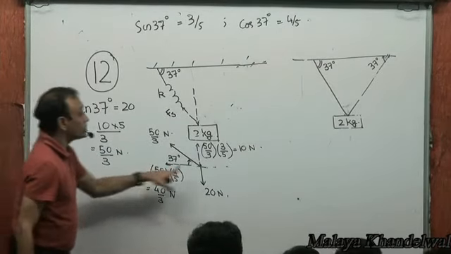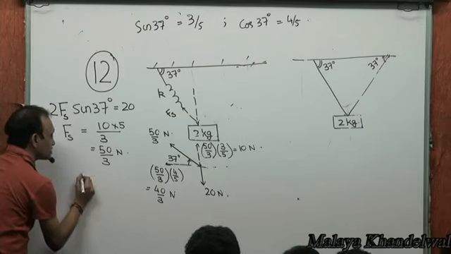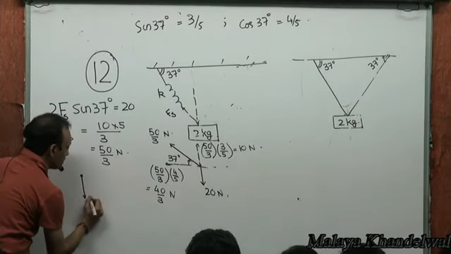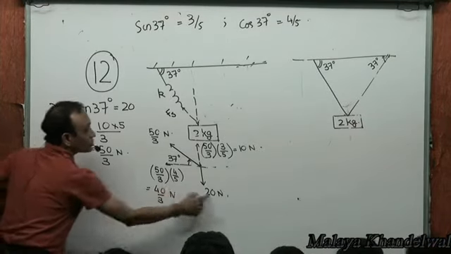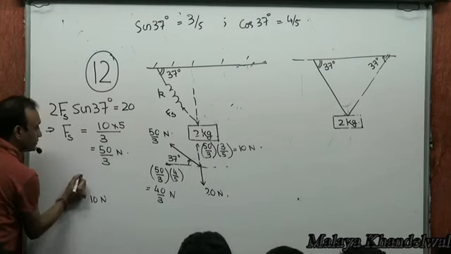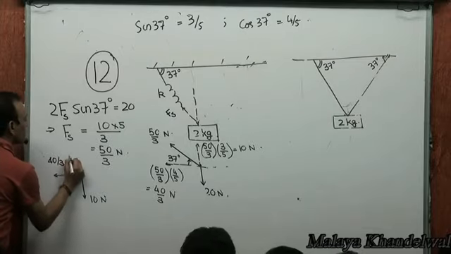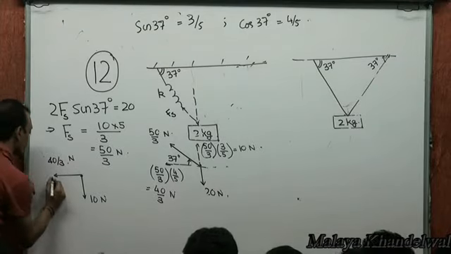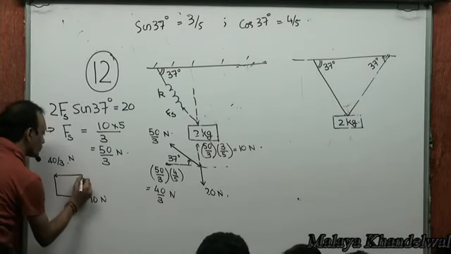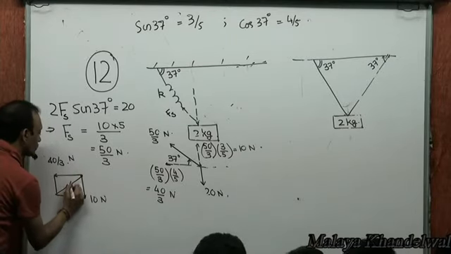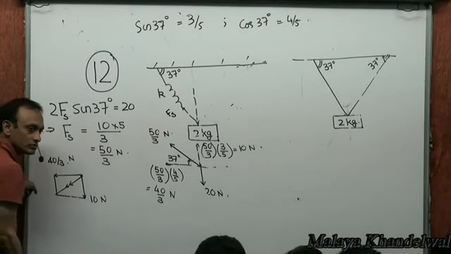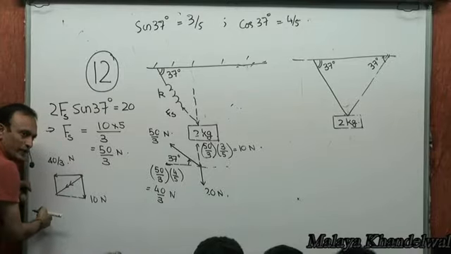So, the net force on this mass is going to be 10 newtons downwards, 20 minus 10, and 40 by 3 newtons like this. This would be the resultant force, and the resultant acceleration would be along this.